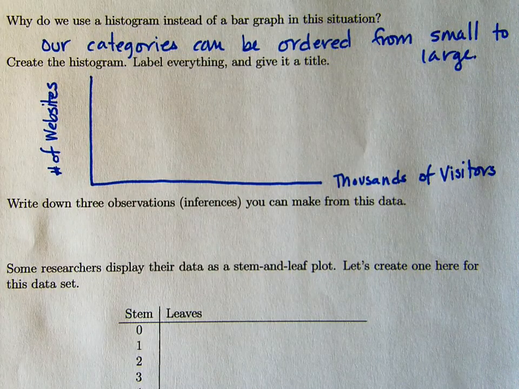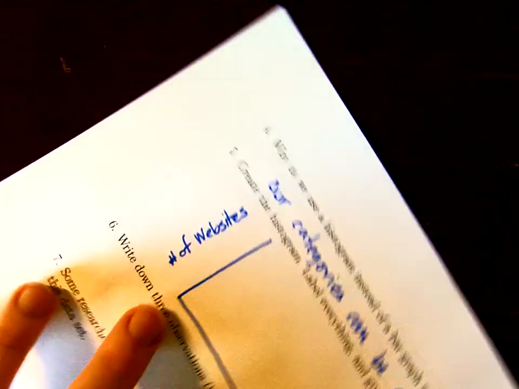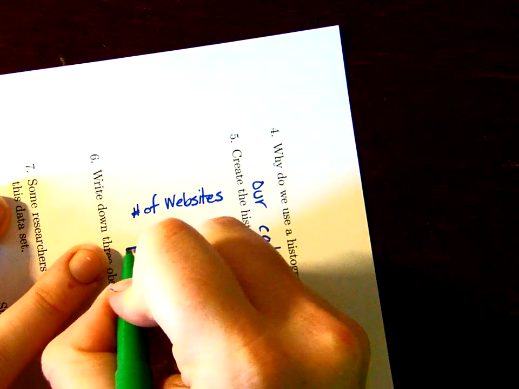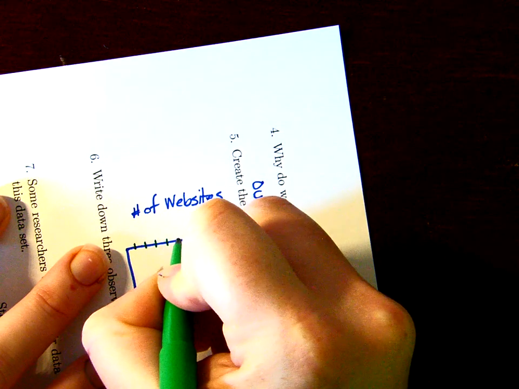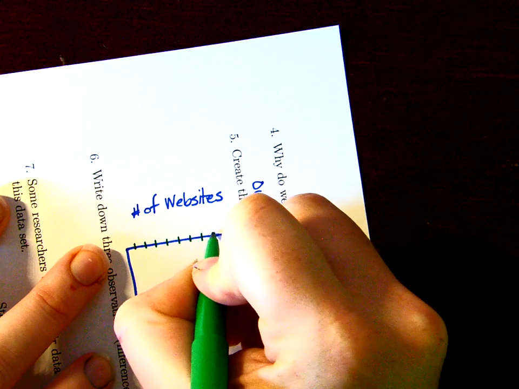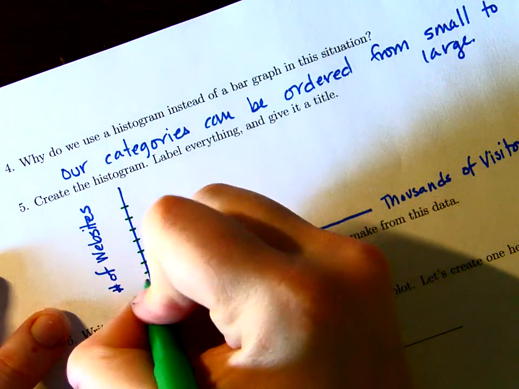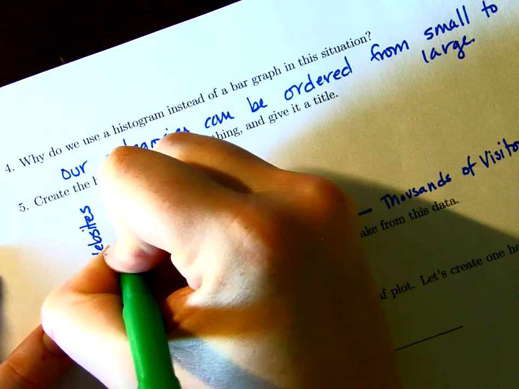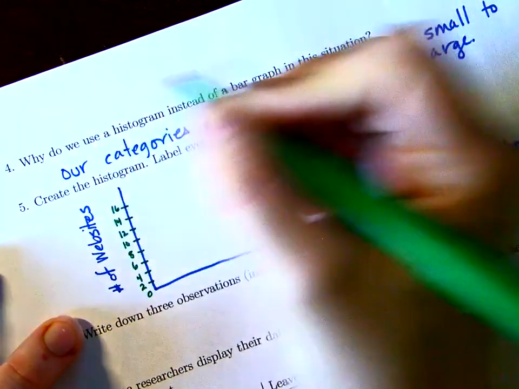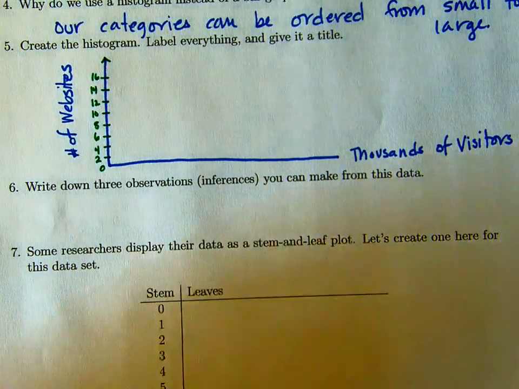So if we count by 2s: 2, 4, 6, 8, 10, 12, 14, 16. So at the bottom here is 0, 2, 4, 6, 8, 10, 12, 14, 16. Done. Number of websites, frequency.